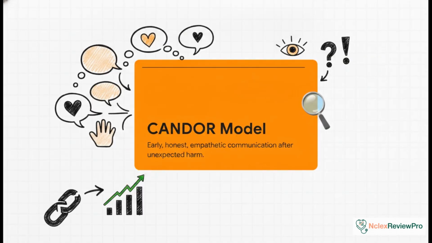I honestly found it fascinating how much this whole process has evolved. Instead of the old-school default of concealment, modern safety systems use frameworks like the AHRQ's CANDOR model. This model really pushes for early, honest, and empathetic communication with patients and their families after unexpected harm. It prioritizes transparency when the facts are actually known, way over dodging the issue or burying your head in the sand.